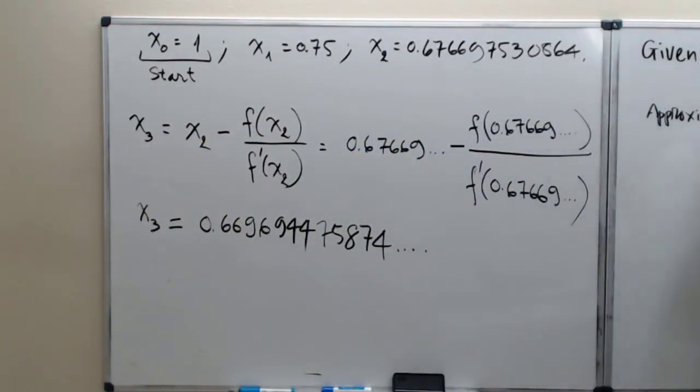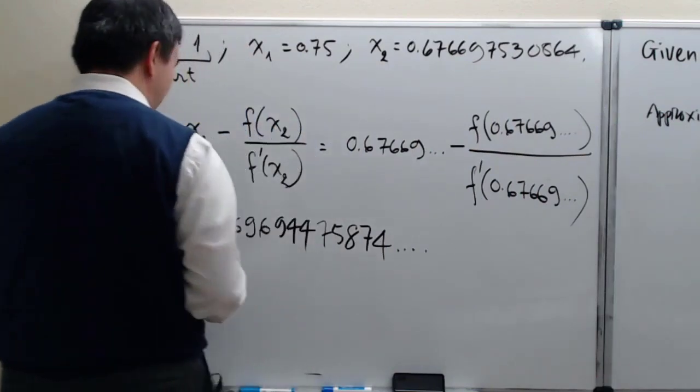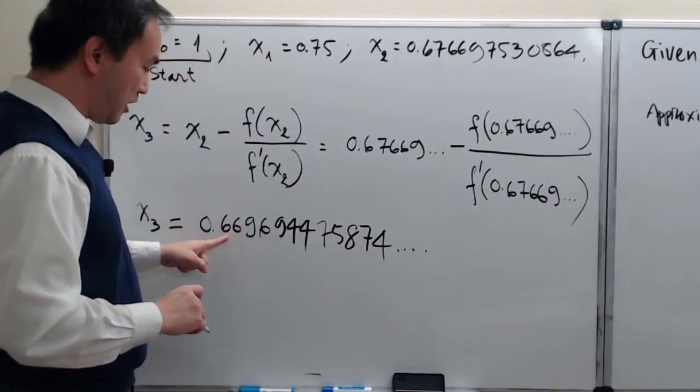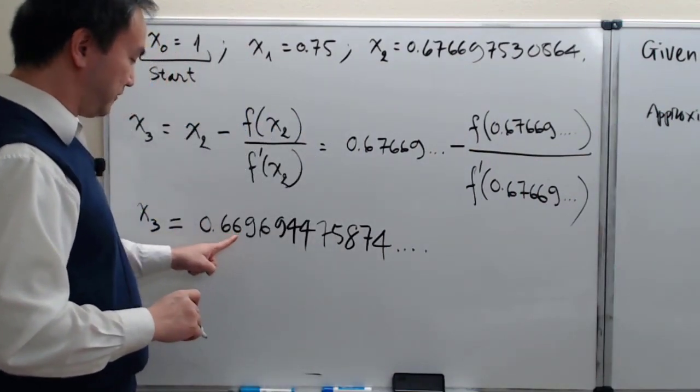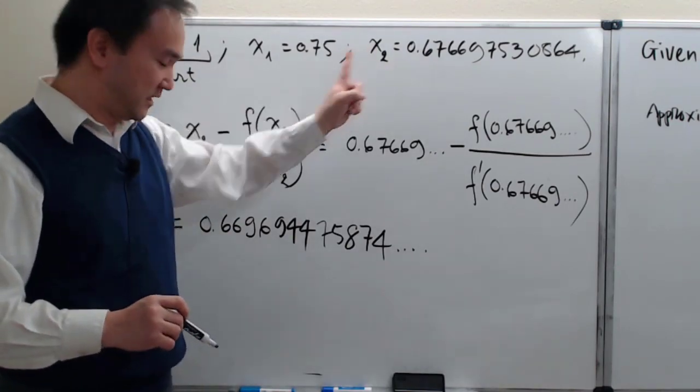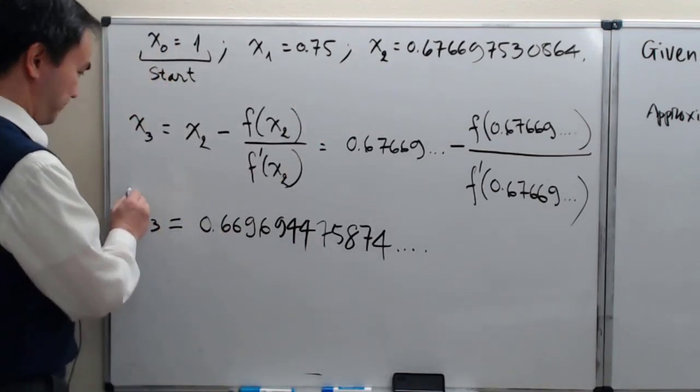All right, another lengthy value, and you can see that it's not that far away at all from x2 right there. Okay, but this is our x3.